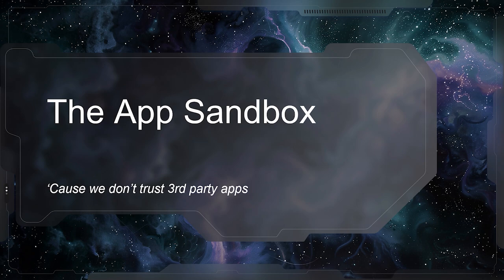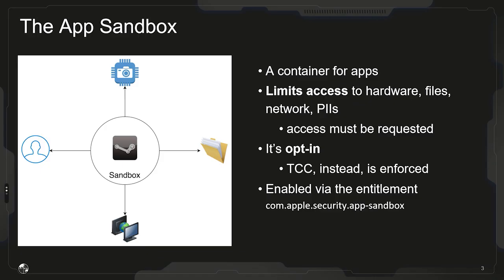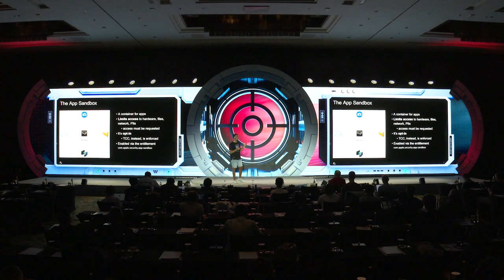So, the Sandbox in macOS. I would assume most of you are already comfortable with the concept of what a sandbox is, and in general in macOS it's very similar. Essentially, a sandbox is a container for applications. It limits what applications can do in your operating system, so that in order for the application to have access to files, networking, your camera, hardware, the access must be declaratively, explicitly requested.